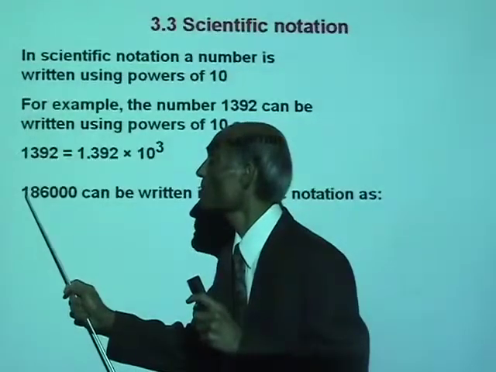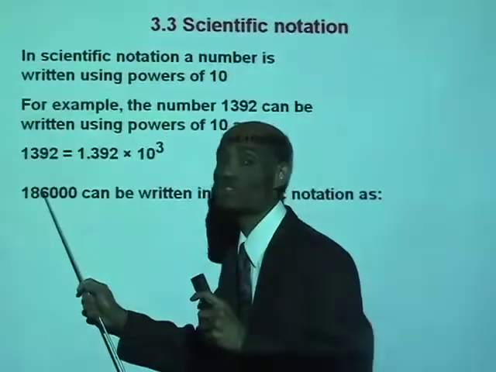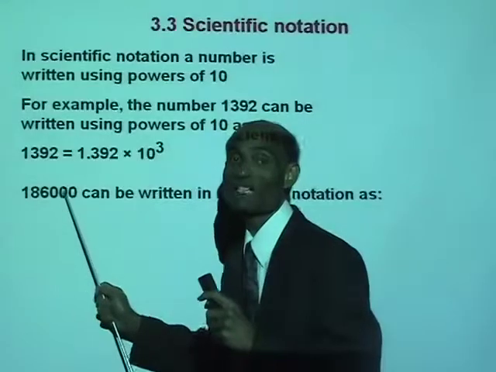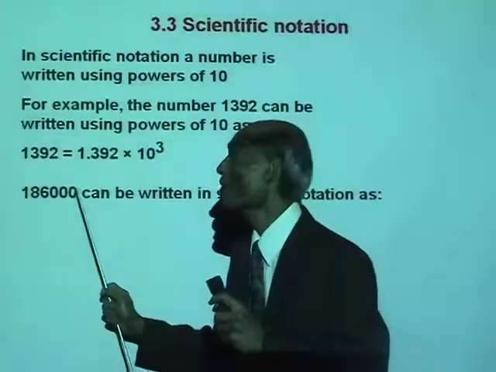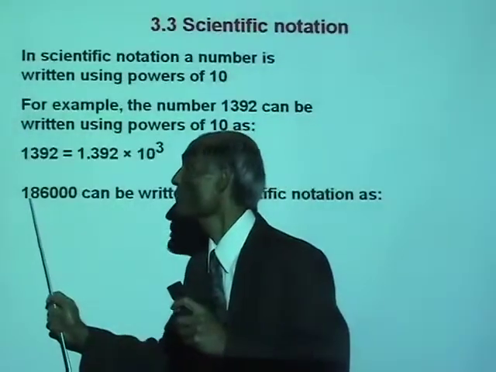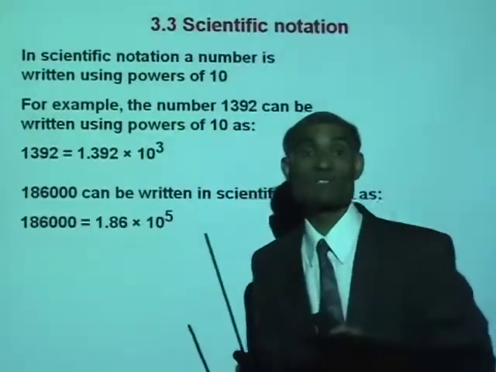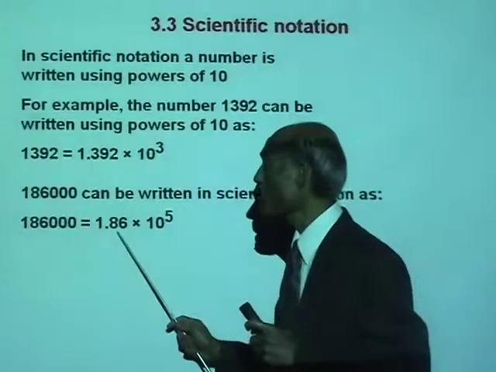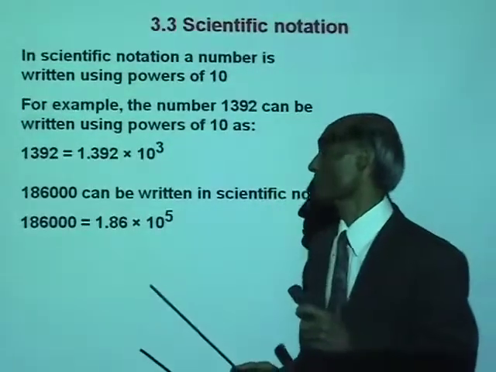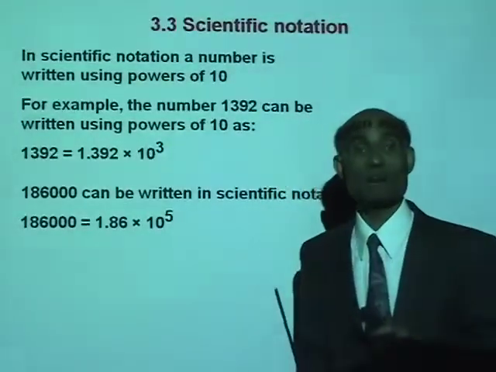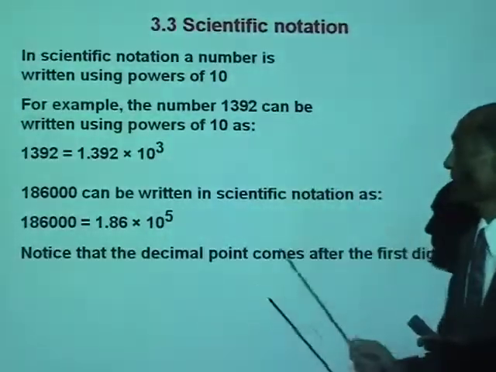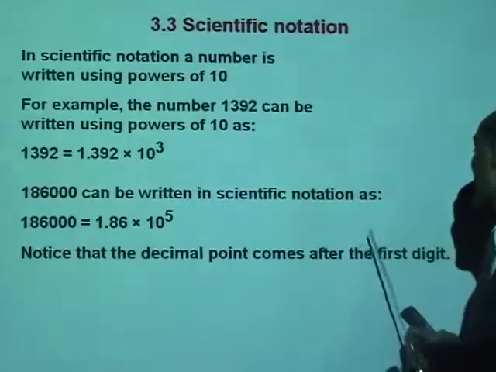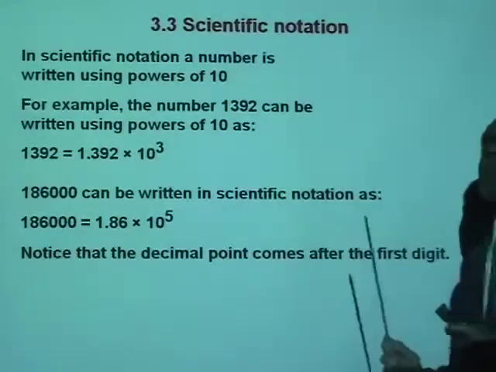Therefore, the number will be 1.86 multiplied by 10 to the power of, what is the power of 10 here? 5, because you move the decimal 5 places to the left. So that will be 1.86 multiplied by 10 to the power of 5. Now, notice that the decimal point comes after the first digit.